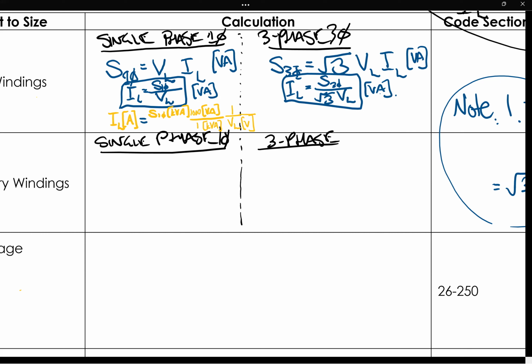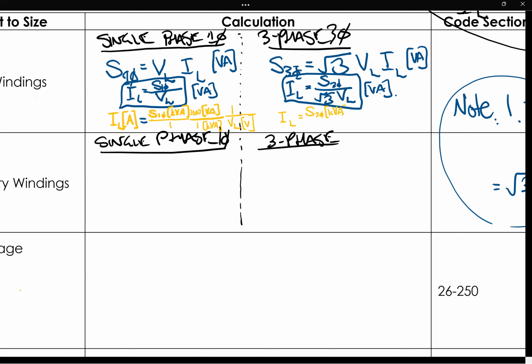All right. So that's why this is the formula that you see in the Canadian Electrical Code, and you should be able to recognize this at this point. If it is a three-phase primary winding you want to calculate, then it is going to look like S three-phase, which is typically given to you in these calculations.